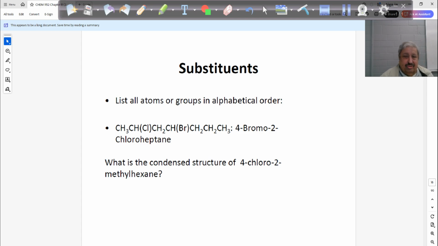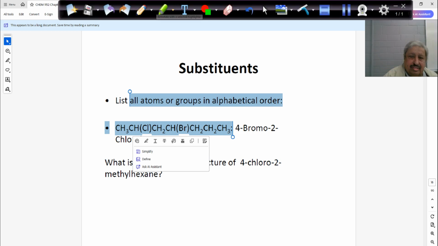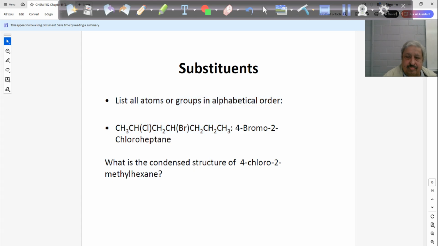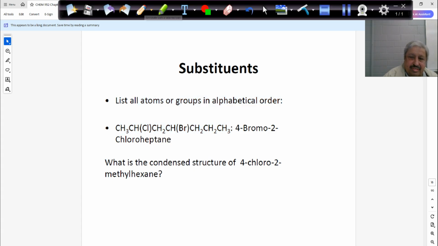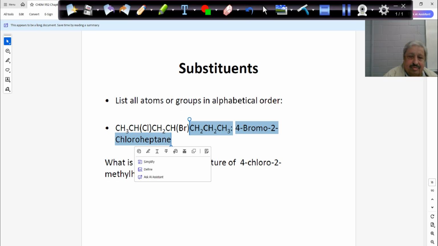So in order to get this one here straightened up, you will have to know, because with this way of writing, I don't know where the bromine is attached.